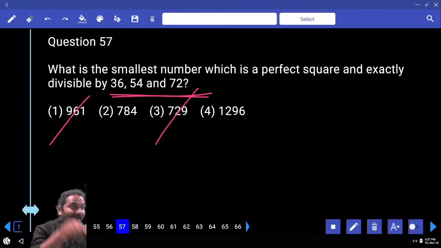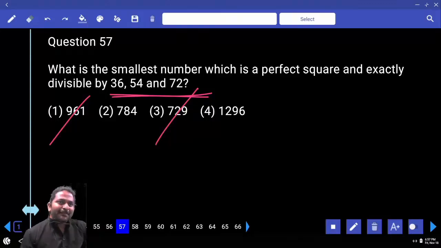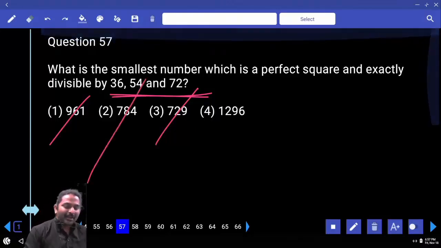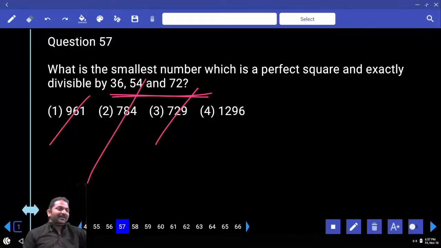Now come to 9 multiples. All are 9 multiples. It need not be all. If one number is a 9 multiple, LCM also should be a 9 multiple. Is there a second option with a 9 multiple? I pick the fourth option, final answer. Done. I don't bother whether it is a perfect square or not.